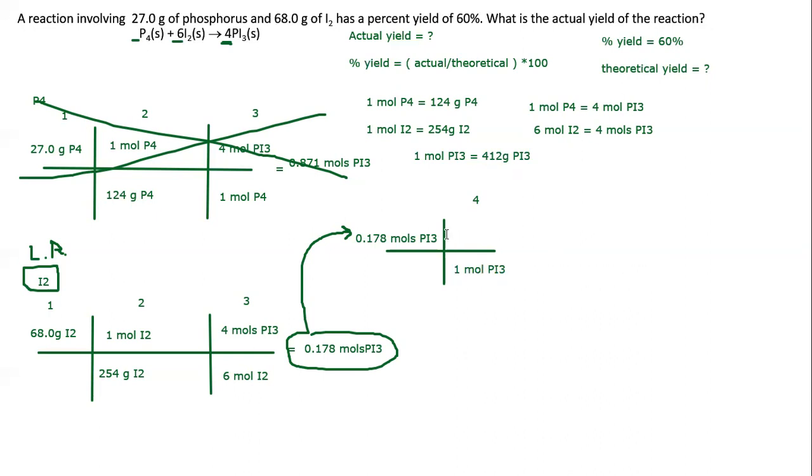The mass goes on top. We get 73.3 grams PI3. So again, this is a theoretical yield.